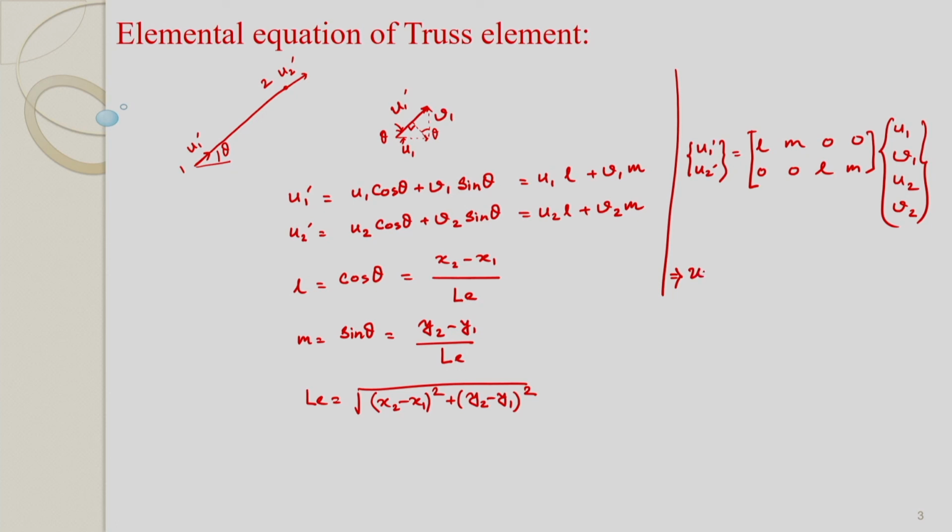So, we denote this as UE prime, that is the nodal values in prime coordinate.